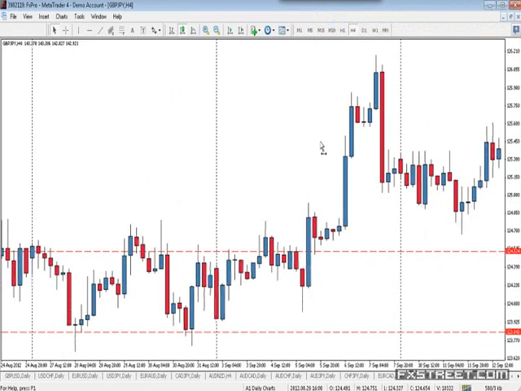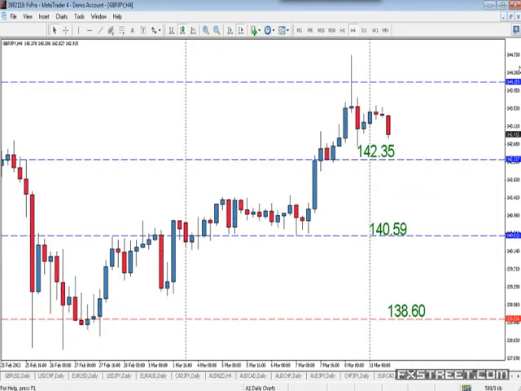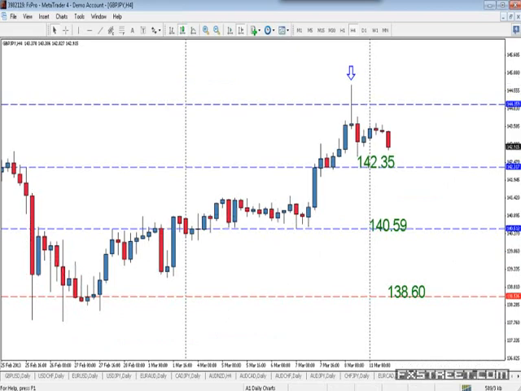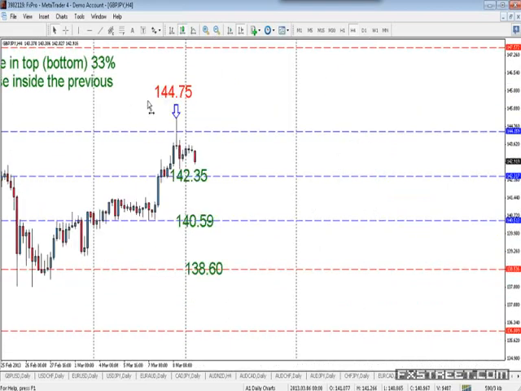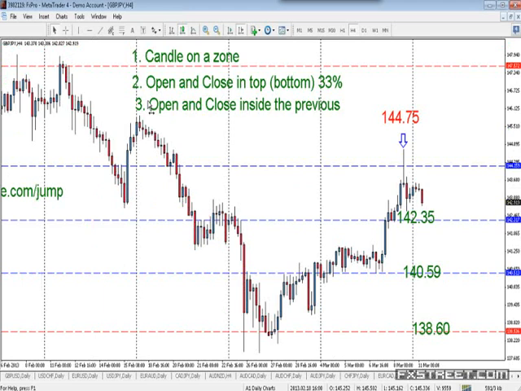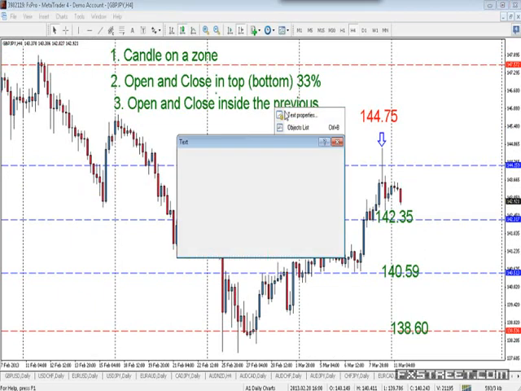Now let's go to our current one and go through the rest of the rules. So the open and close are in the previous candle. The open and the close are in the bottom or the top 33%, depending on if it's a buy, it's got to be in the top 33%, or a sell, it's got to be in the bottom 33%. The open and close is inside the previous candle, right?